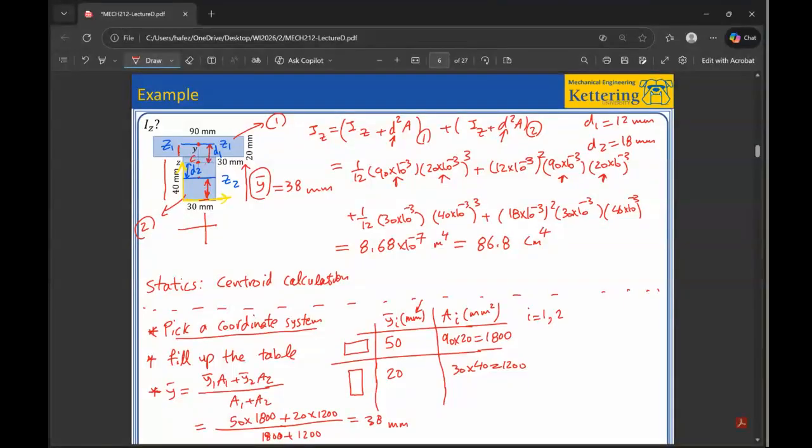And look at the location of Z1, the centroid of the upper piece. It's 10 millimeters from either top face or bottom face of that upper component.